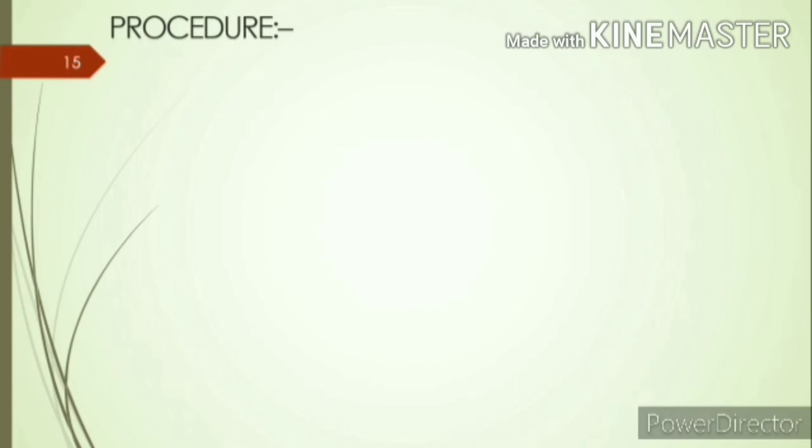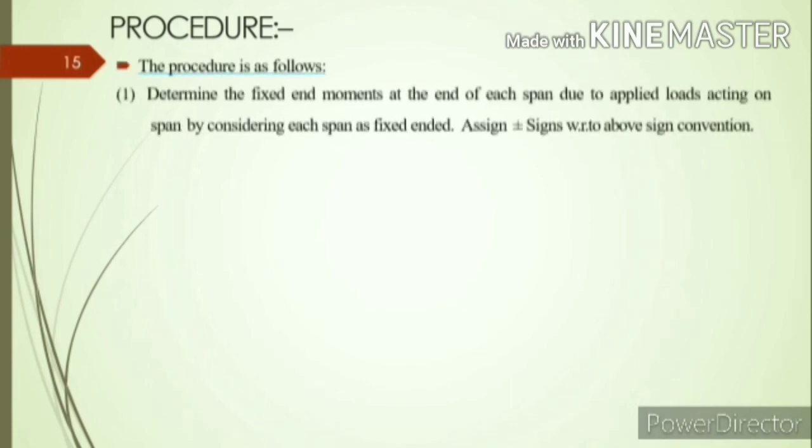The main procedure in the analysis by the slope deflection method in a continuous beam is as follows. First, determine the fixed moments at the end of each span due to applied loads acting on the span, by considering each span as fixed ended. Assign plus or negative signs with respect to the sign convention.